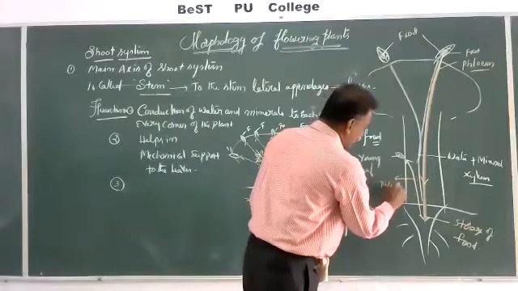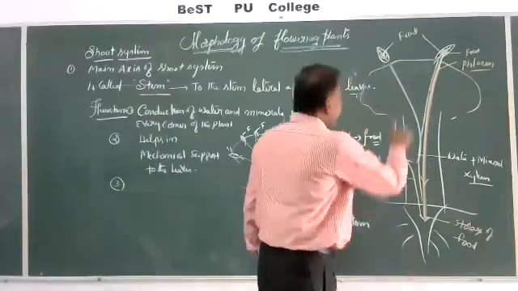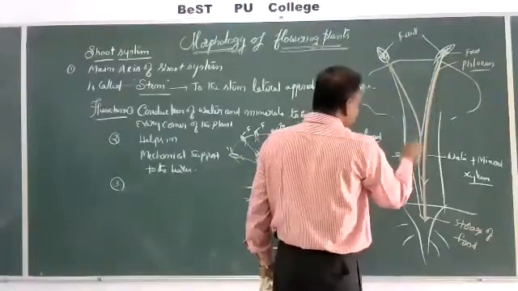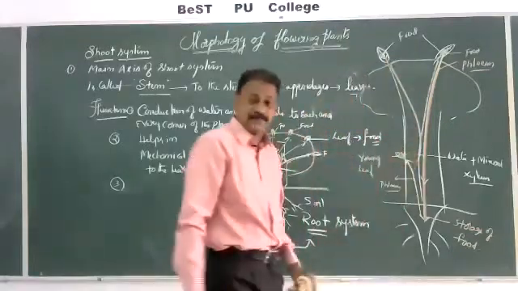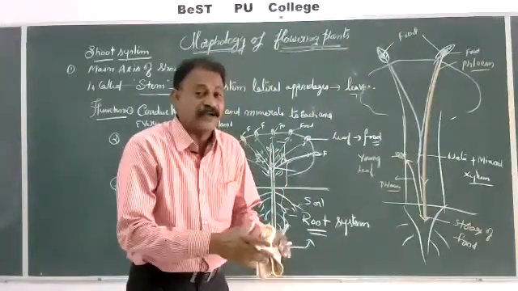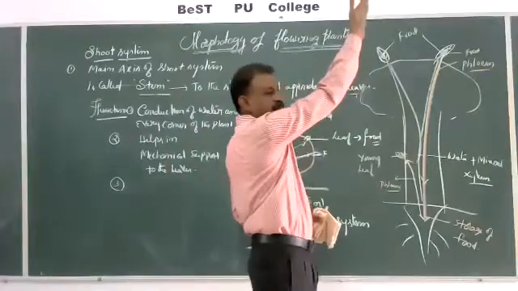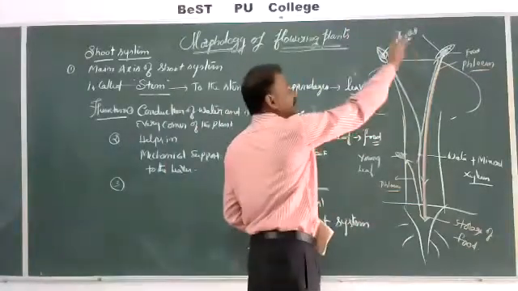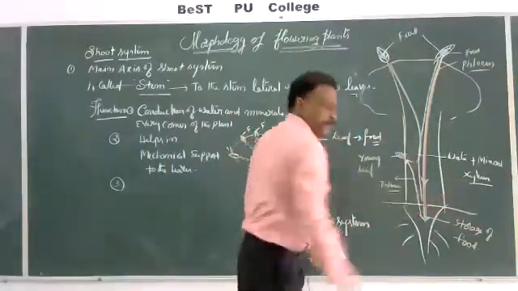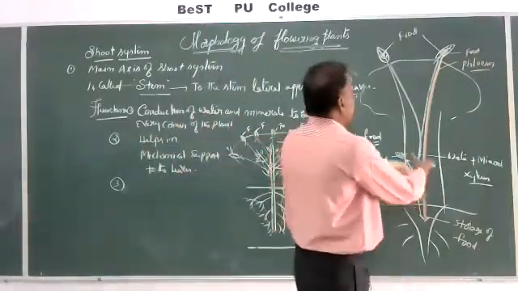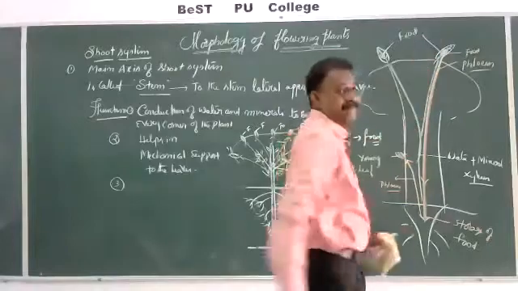Or it can be supplied from here to here. So it means the direction of movement of water and minerals is always unidirectional, one direction, through the xylem, from roots to the stem to the branches and leaves.